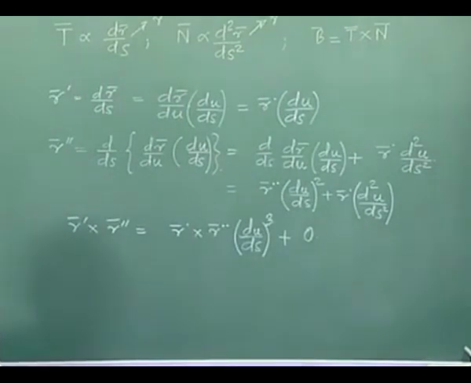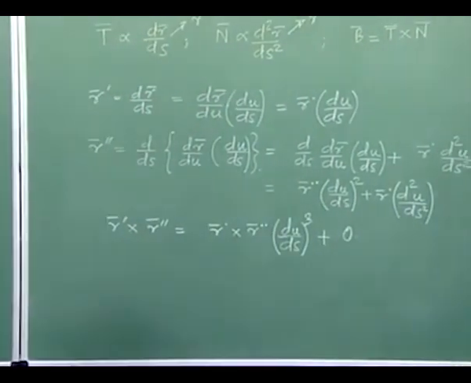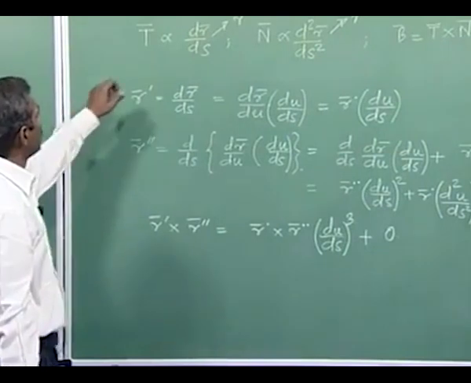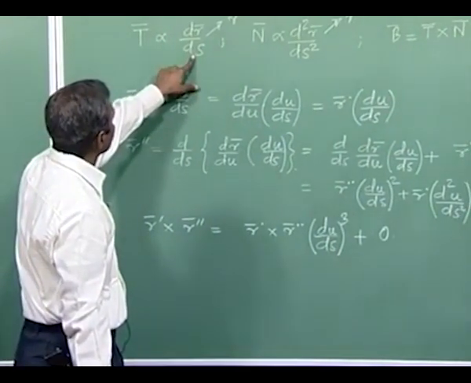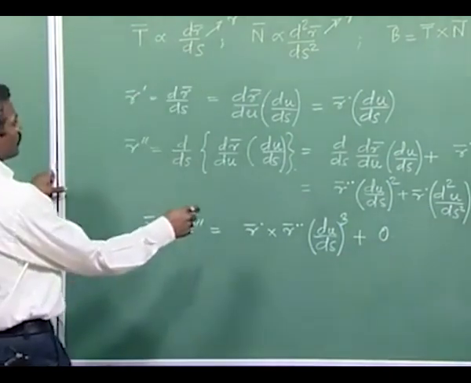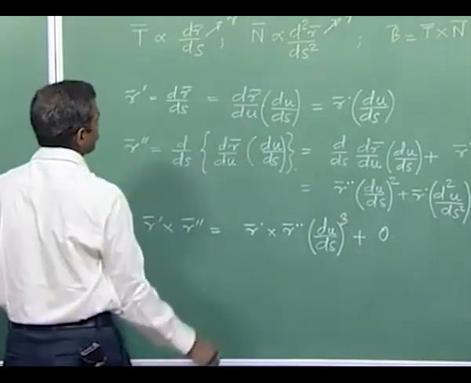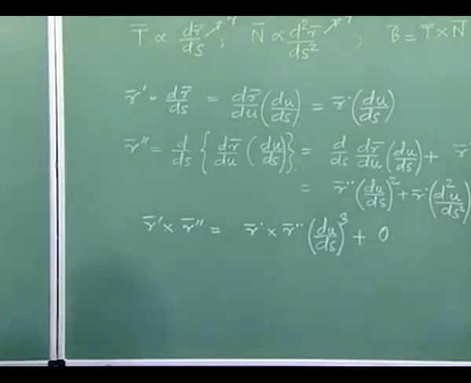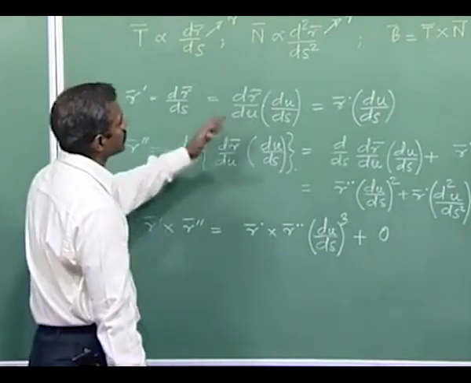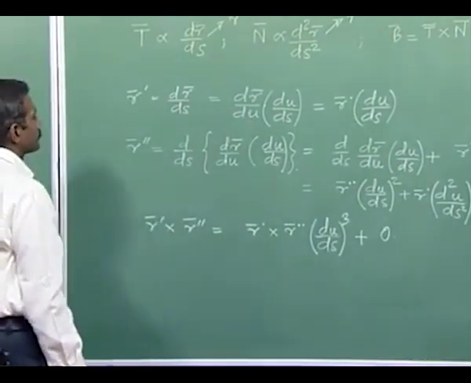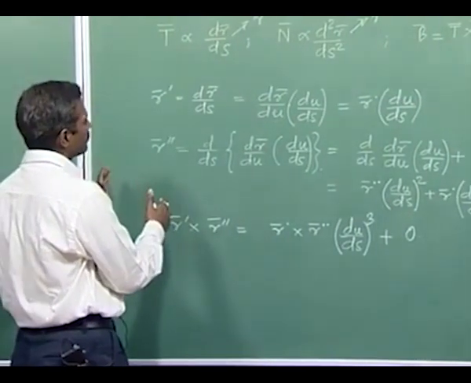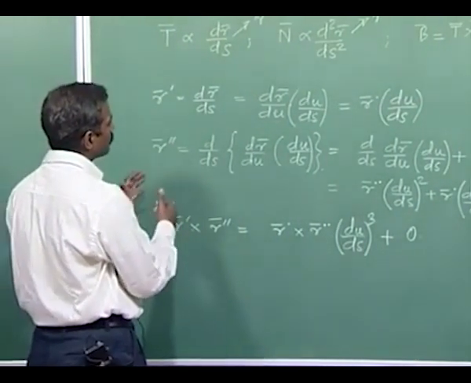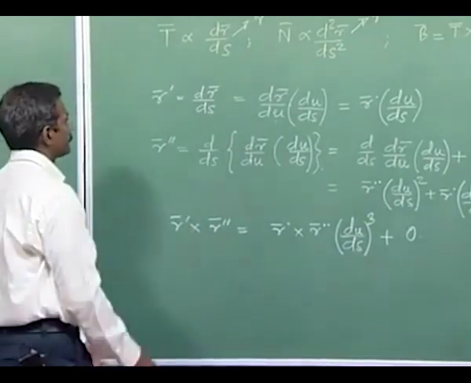Now let's work out how to convert information that we have with respect to the arc length parameter s into the parameter u. In other words, let's work to get r primes in terms of r dots, that is, derivatives with respect to s converted to derivatives with respect to u.